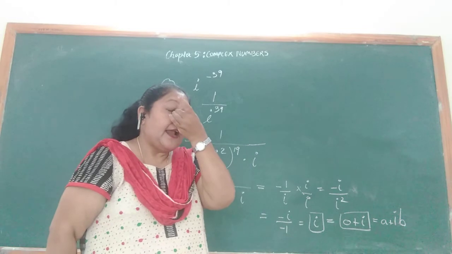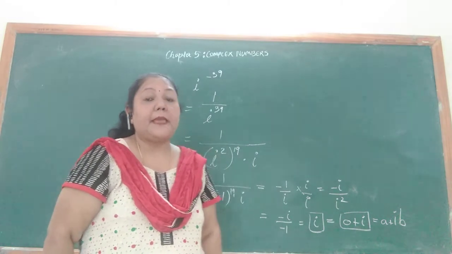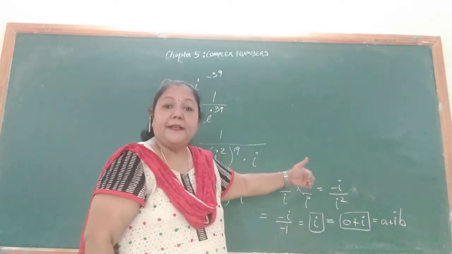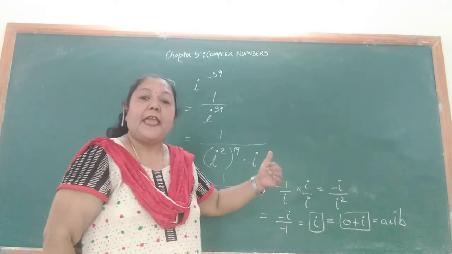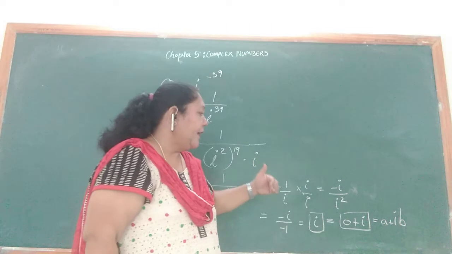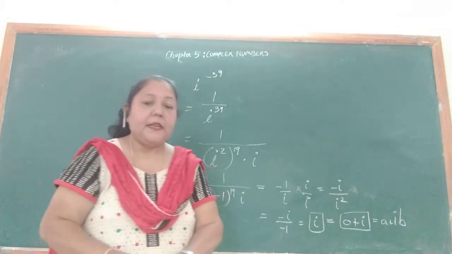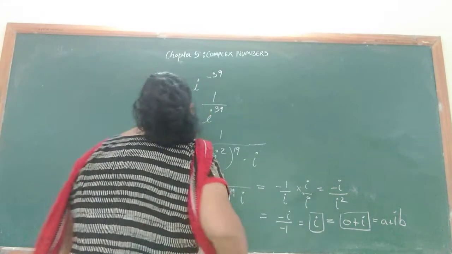I wanted to write it in the form a plus ib, so I write it as 0 plus i. The real part is 0 and the imaginary part is 1. Now let us go to the next question.